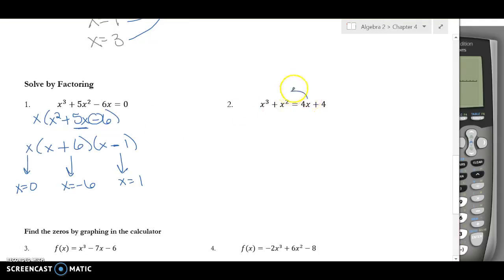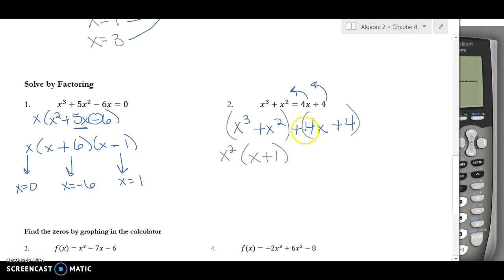For number 2, I have to get both of these over there. So it's x to the third plus x squared plus 4x plus 4. I don't have anything that goes into all of those, so I'm going to have to do my double sets of parentheses. And so I could take out an x squared out of this first one, so I'm left with x plus 1.